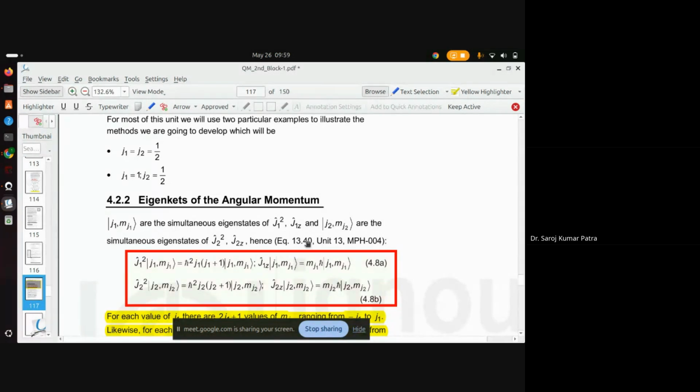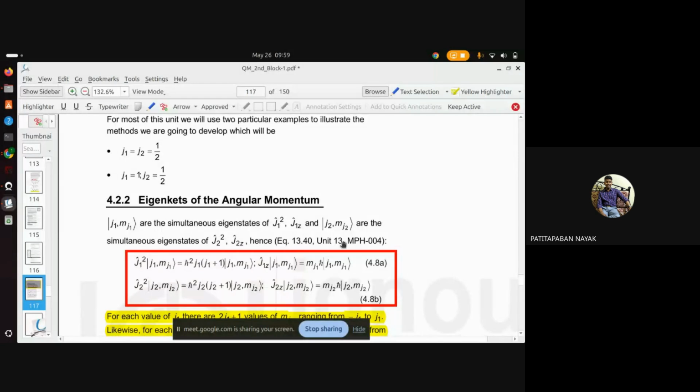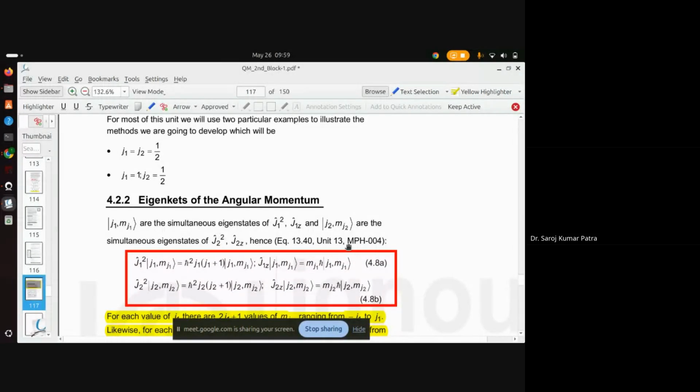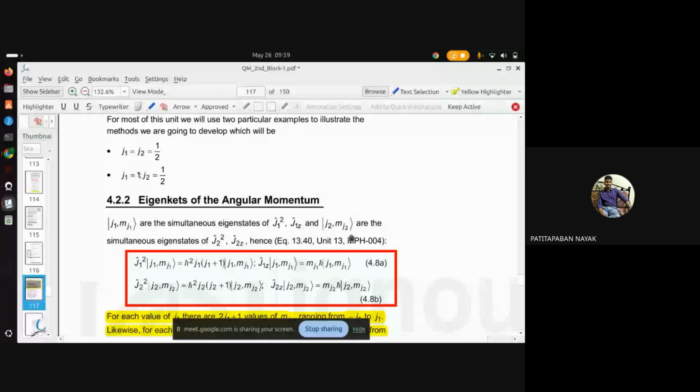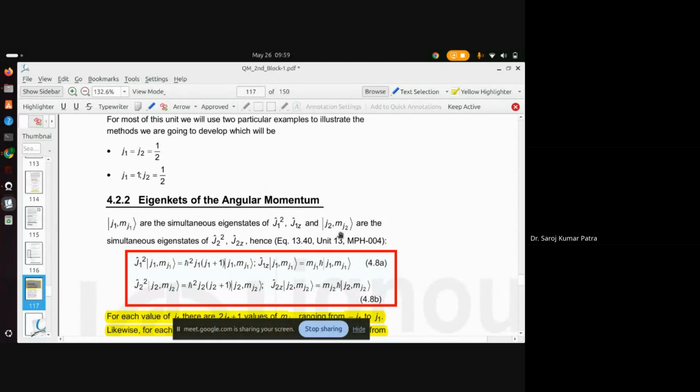Is this part taught? No, sir, not taught. Unit 13 already covered or not covered yet? Not covered, sir. Okay, so for the moment, then you just have to remember. ये कैसे आ रहा है वो वहां पे बताएंगे, ठीक है? And this kind of relations actually hold for orbital angular momentum and spin angular momentum as well, ठीक है?